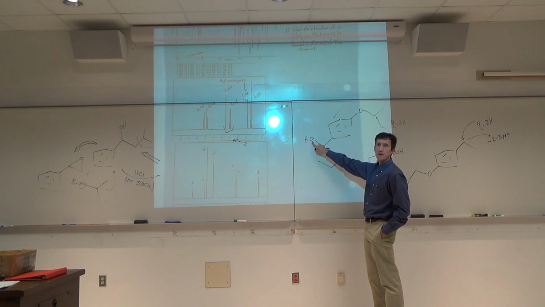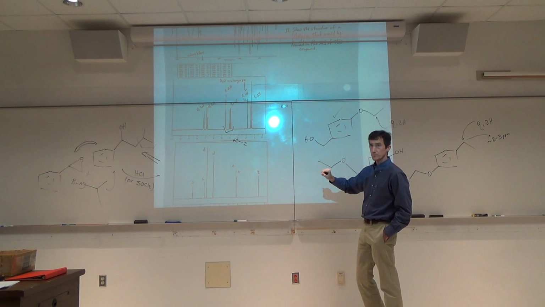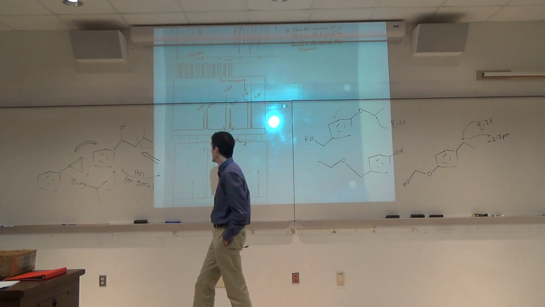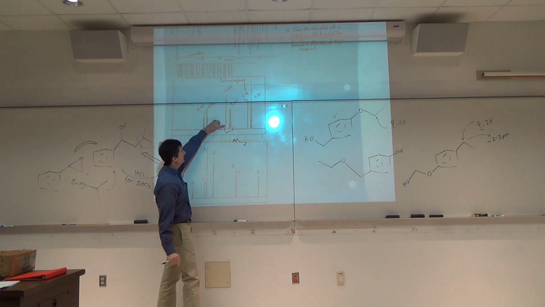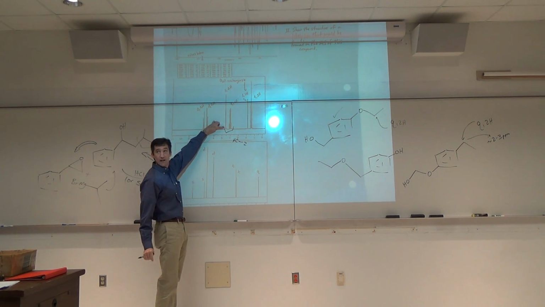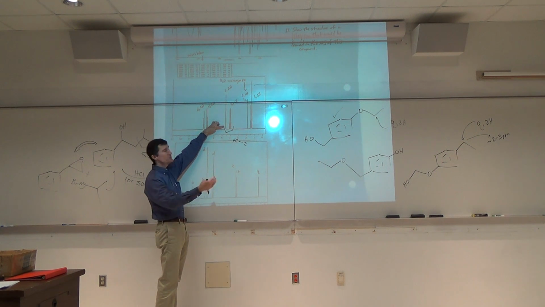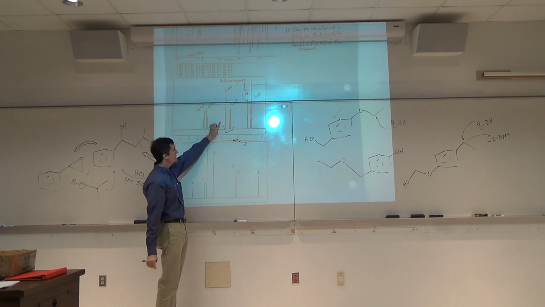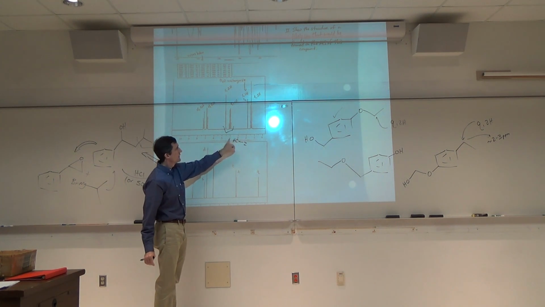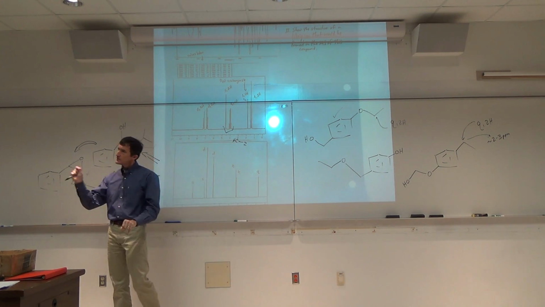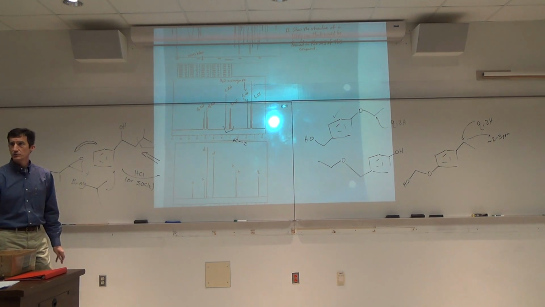No, but it's also bonded to oxygen. So it'd be a little bit more. You can't ignore the fact that it is bonded to oxygen. Okay. It may be a little bit more downfield, but indeed, look, see, it's like 4.5. That's probably because it's not only next to oxygen, but it's also next to the benzene ring, where typically, next to oxygen is usually more like 3 to 4.